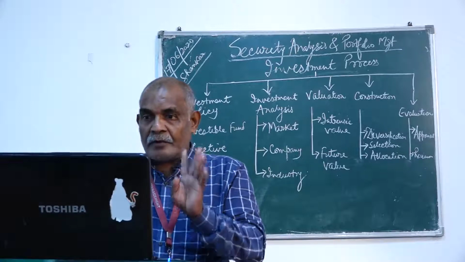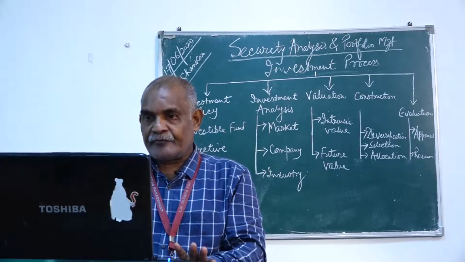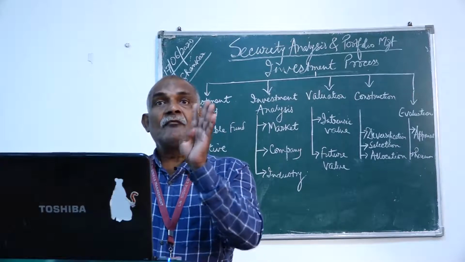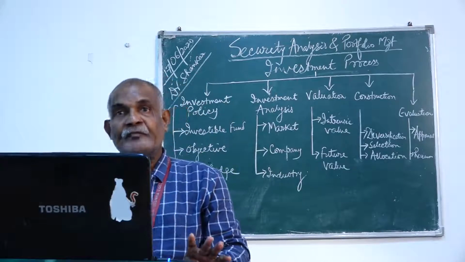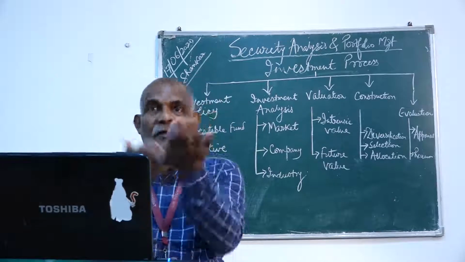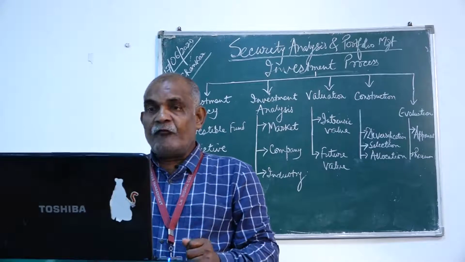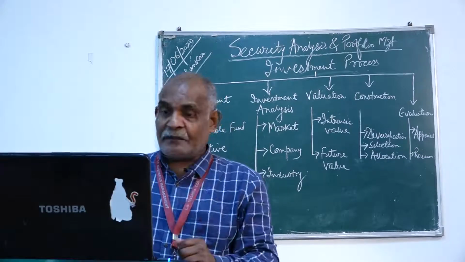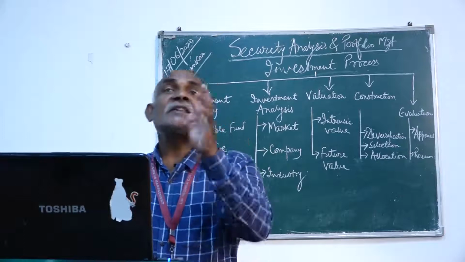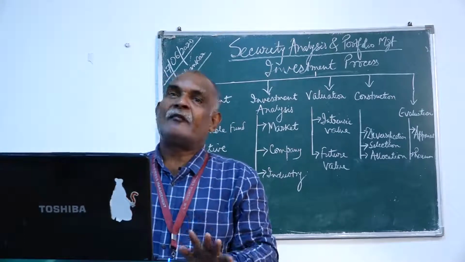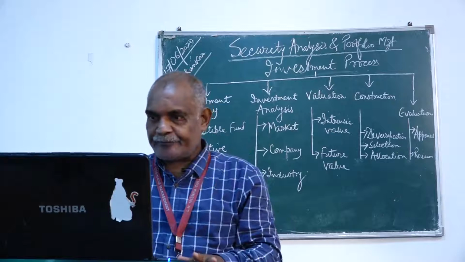So these are the objectives. We want the required rate of return, number one. We want regular income. We want risk perception, and we want liquidity. These are the four objectives of any investor.